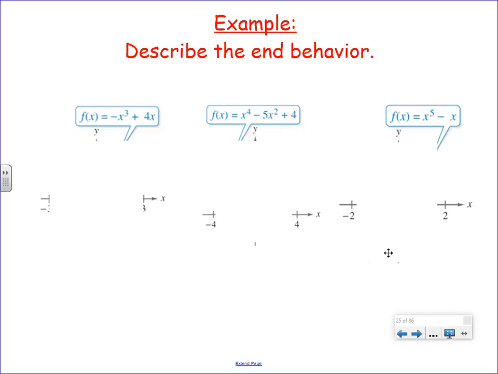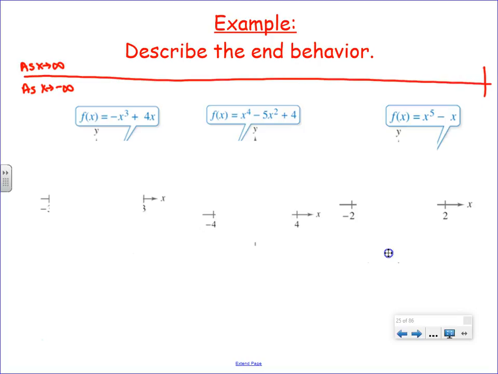Oh, wait, hold on. Guys, we still have a minute and a half. Look at these messy equations. I just want you to answer the question for each and every one of them. As x approaches infinity, and as x approaches negative infinity, I want you to answer the question, what will f of x do?